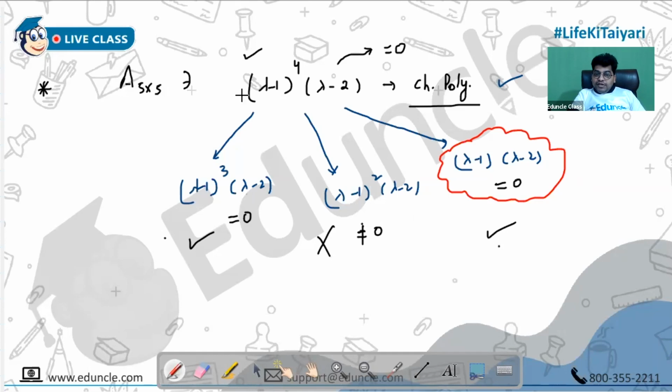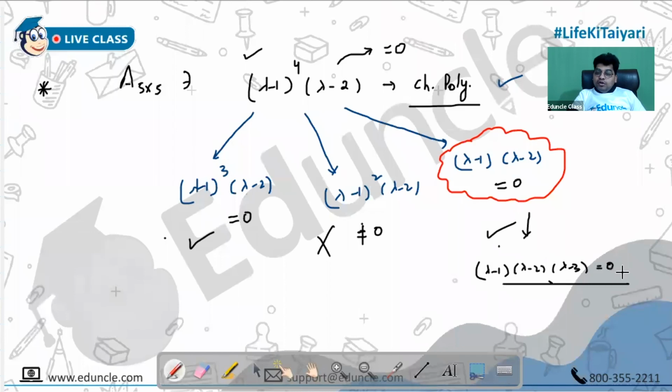But with the help of these annihilating polynomials, you can create infinitely many annihilating polynomials. How? If this is 0, you can multiply by lambda minus 1, lambda minus 2, lambda minus 3. So this is also annihilating. Yes or no? Because if you multiply by any factor, A minus something, the product is 0, and whether 3 is an eigenvalue or not, we don't care.